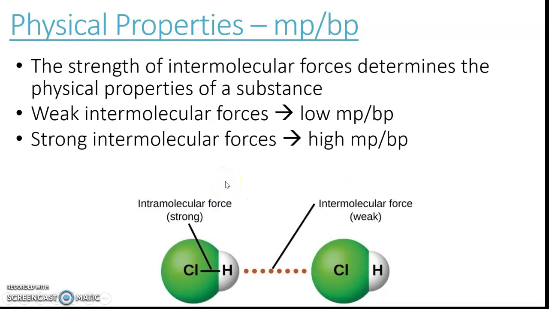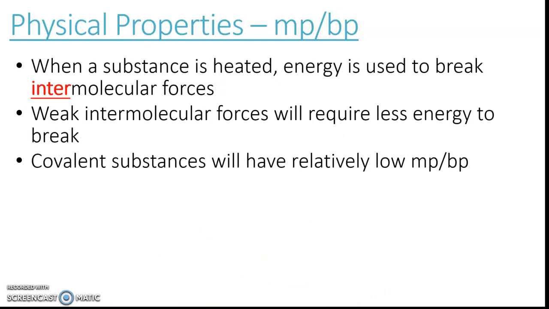If the intermolecular forces are strong, then the melting point and boiling point will be higher, because more energy will be required to overcome the intermolecular force and separate the molecules into a liquid or gas state. So that's what we're saying here. When a substance is heated, energy is used to break the intermolecular forces.